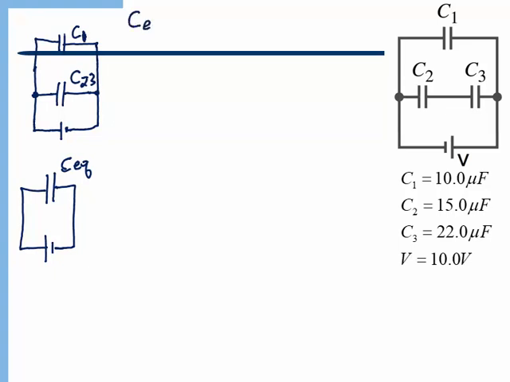So C equivalent is going to be C1 plus C23, and that's going to be 18.9 microfarads.